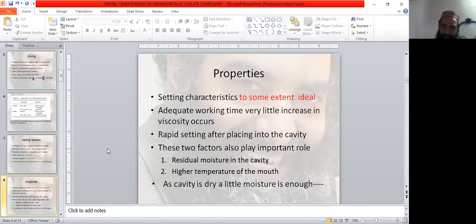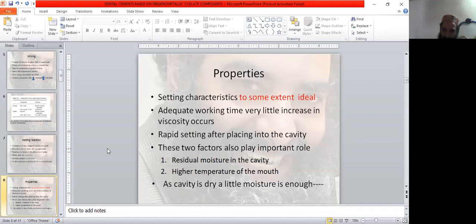Setting characteristics to some extent are ideal. Adequate working time, very little increase in viscosity. Rapid setting after placing into the cavity. And rapid setting is due to these two important factors. Number one, residual moisture in the cavity accelerates the reaction.